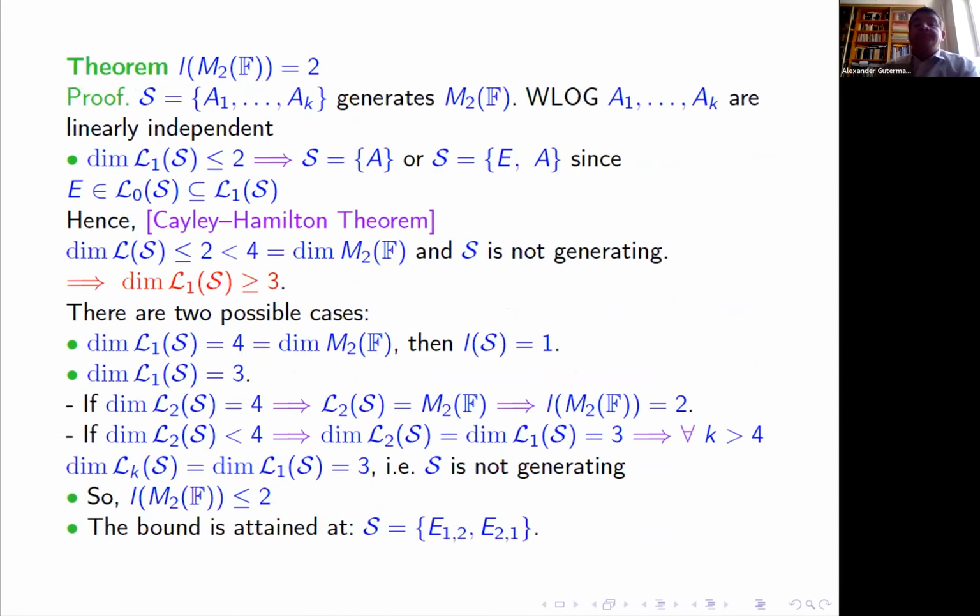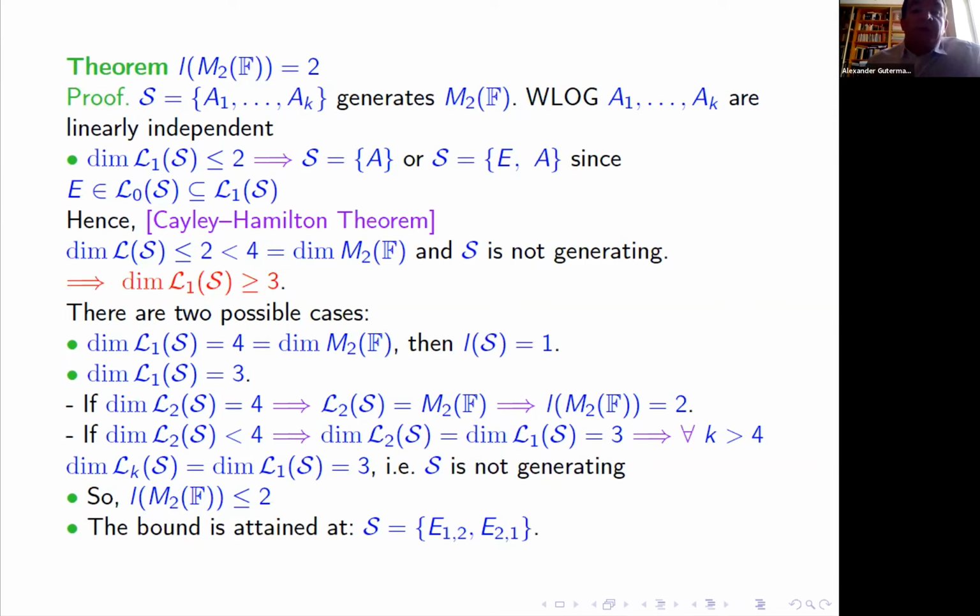So we have such a bound, but still computing the length function is very non-trivial. Just look at this 2x2 example. So we have 2x2 matrices. Even computing the length here is not evident. First of all, we know that a generating set can always be assumed to be linearly independent.